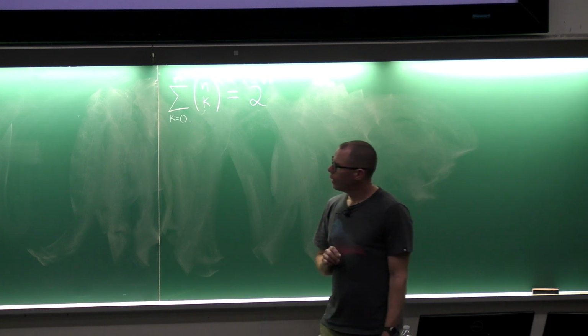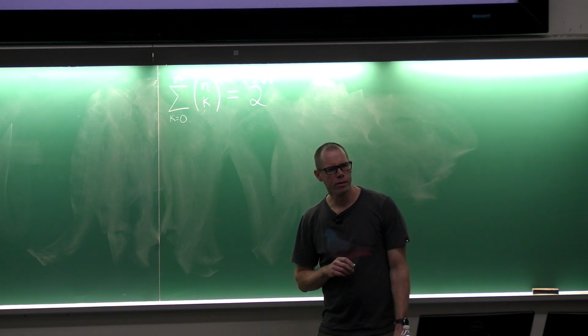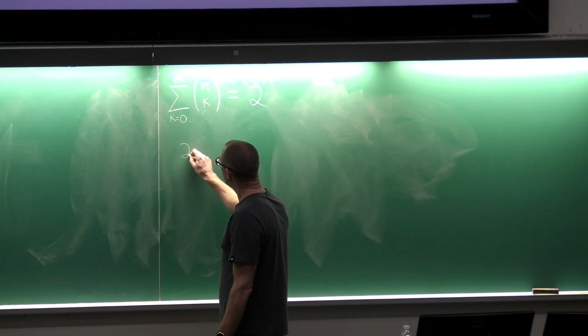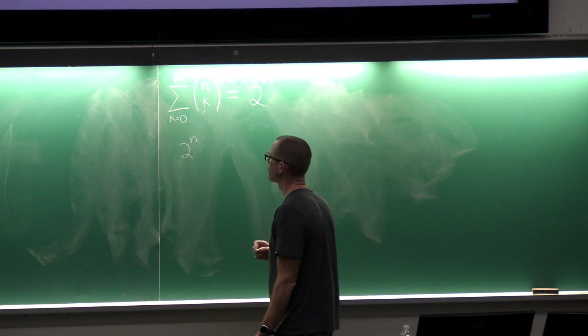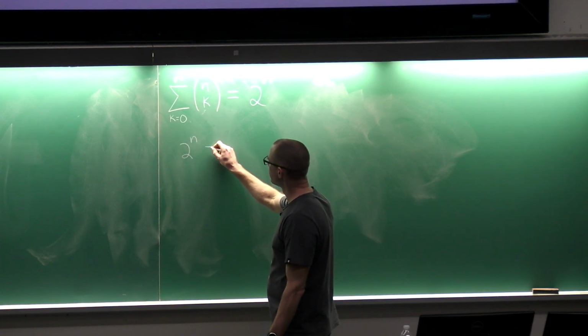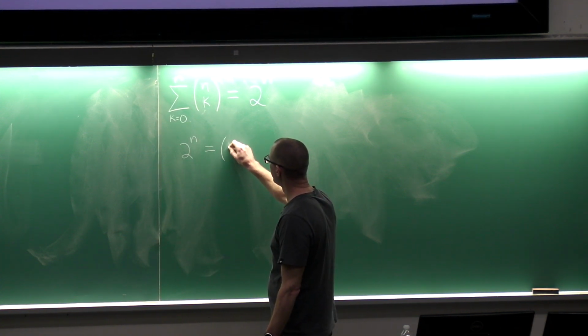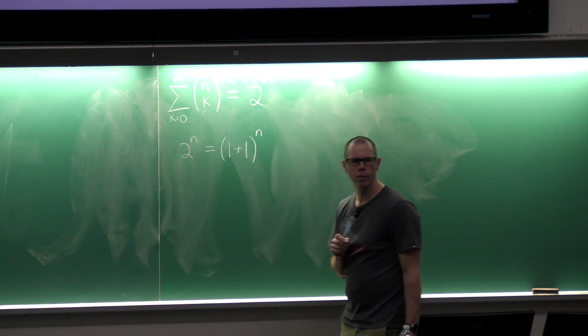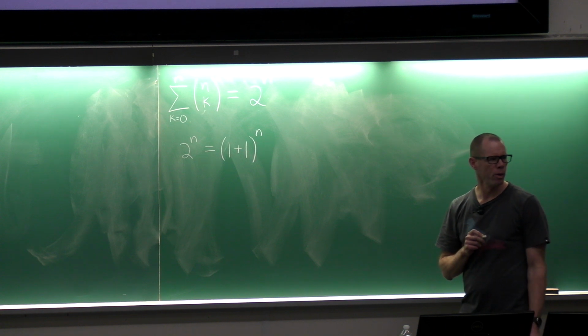So here's a short proof that's not very illuminating. 2 to the n, let's do something really simple, is (1 plus 1) to the n, right? 1 plus 1 equals 2, right?